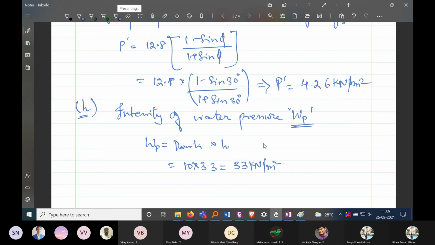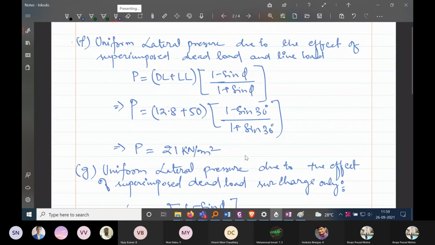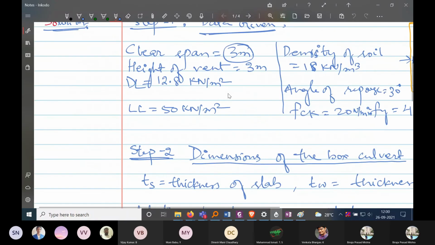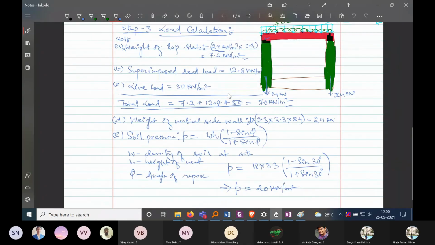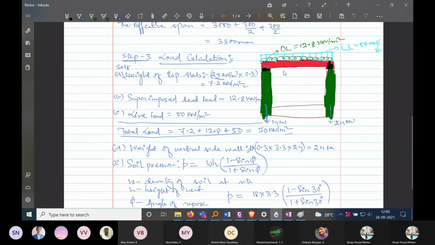So now let us draw all these loading conditions. Let me go to the first page. So see, the first one, the load.